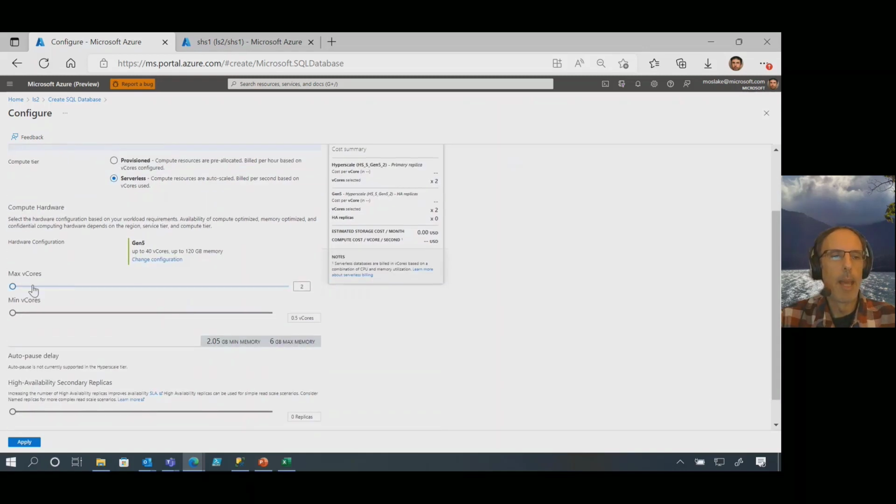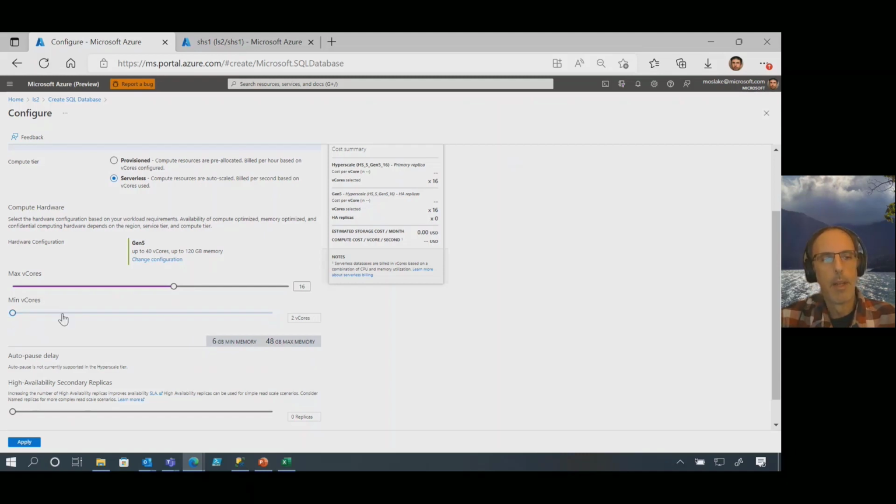And now I'm able to specify the maximum number of cores that this database will automatically scale to, up to 40 cores. And I can also configure the minimum number of cores that the service will never scale below.